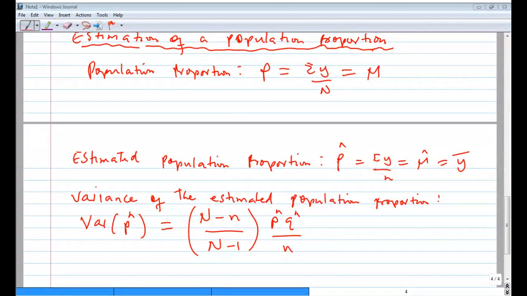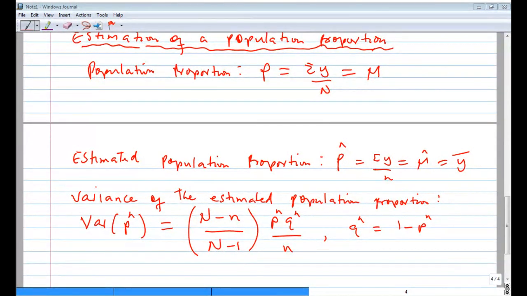Where in this case, capital letter N is the population size, small letter n is the sample size, and then q hat is equal to 1 minus p hat, isn't it? I think you are aware of this. So this is how you calculate the variance of the estimated population proportion.